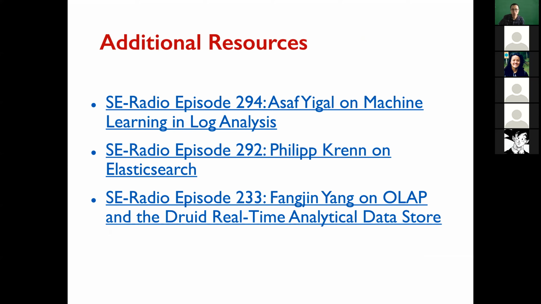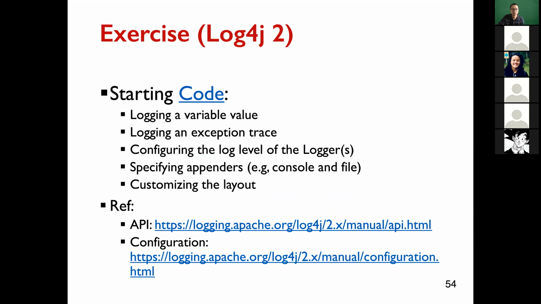Then we will do a small exercise. In this exercise, I already showed some code, which is available on GitHub. I will send it on the room chat and on Slack. I want you to make some small changes to the code and the configuration files. The first change is to log a variable value.